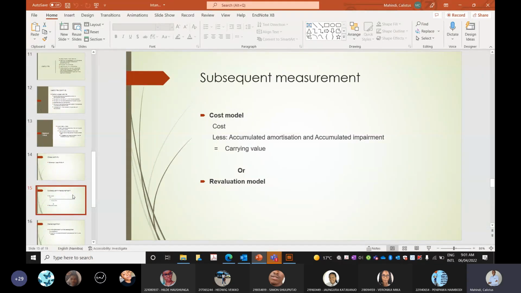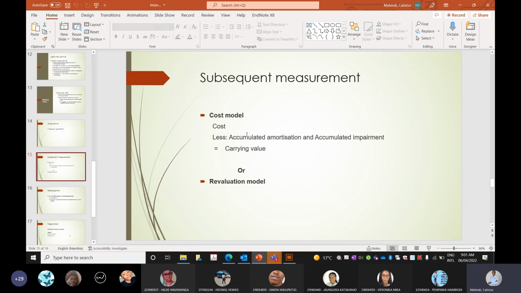All right, so this cost model is the same model as under property, plant, and equipment. The revaluation model is similar, but we are going to use the cost model. We are going to concentrate on using the cost model for this course, so you do not have to really worry about the revaluation model.